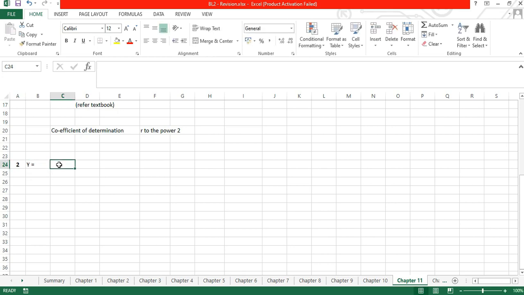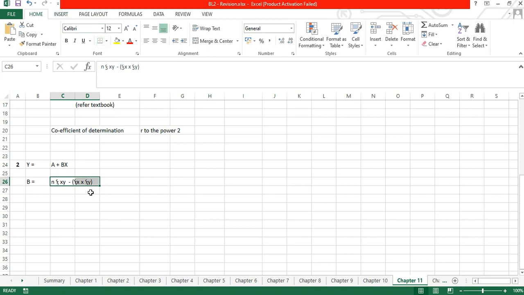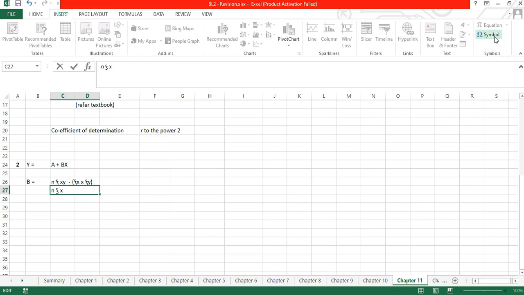Now for this equation y equals a plus bx, if you look at the linear regression tutorial, you will see b equals, they have given an equation that is n sigma xy minus sigma x multiplied by sigma y, divided by n into sigma x squared minus sigma x, all to the power 2.